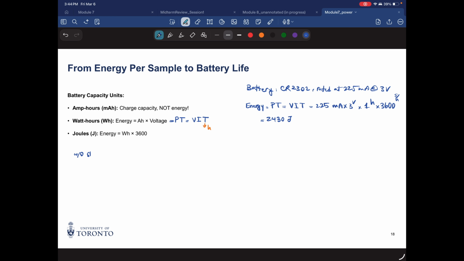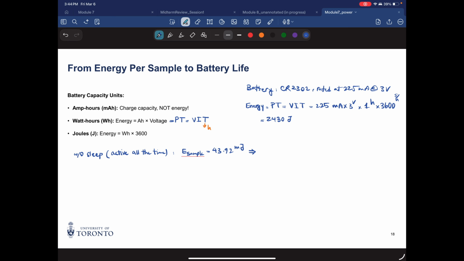Without sleep, which meant active all the time, for every sample, E sample, we needed 43.92 millijoules. How many samples is that?